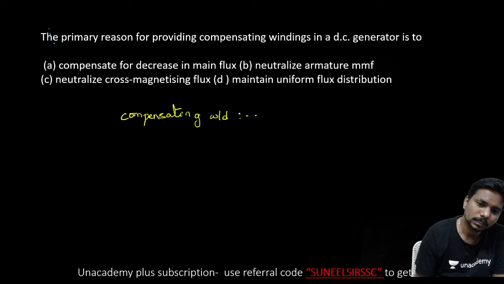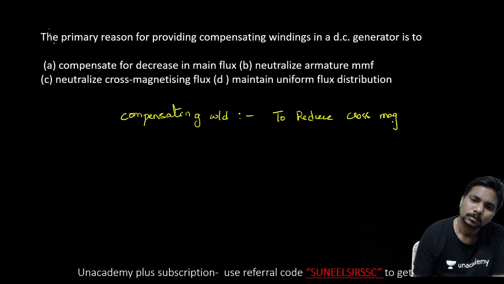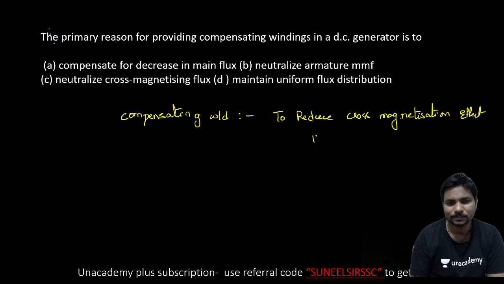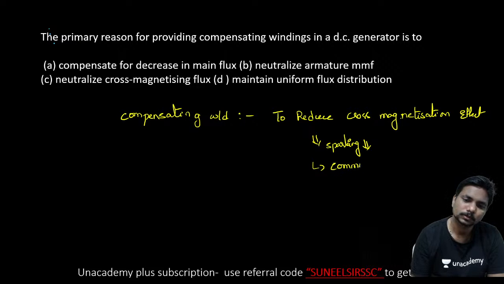To reduce the cross magnetization effect. If you reduce the cross magnetization effect, then sparking reduces, and automatically commutation also improves.